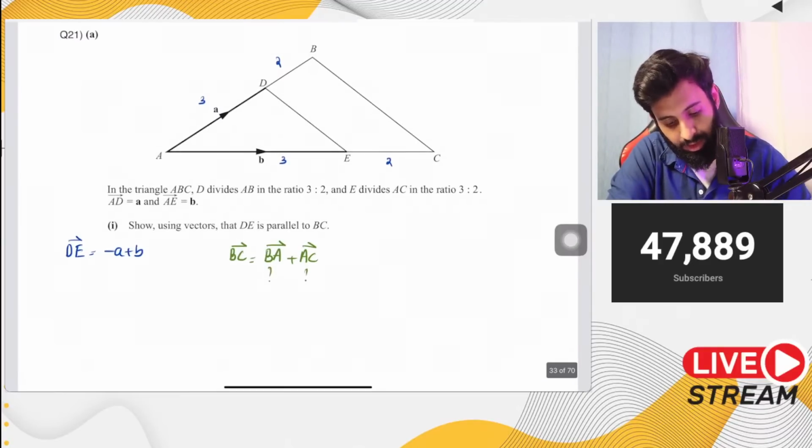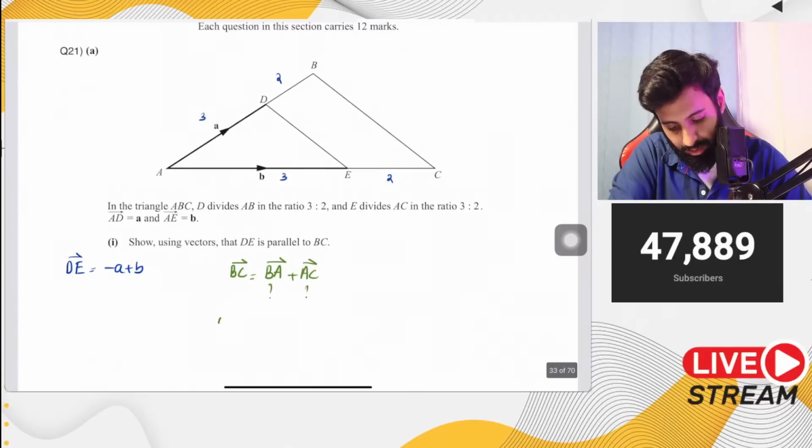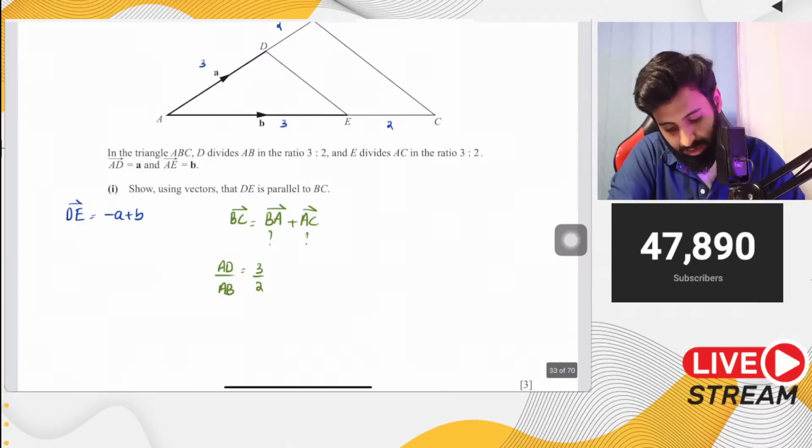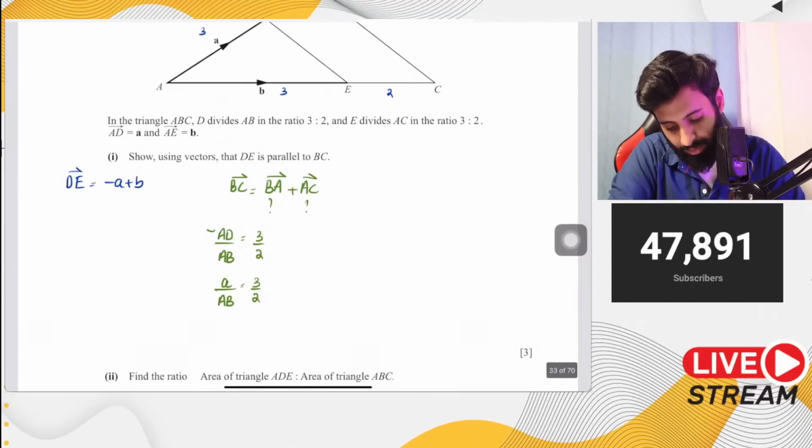But here's what we do know. We do know that AD and AB are in the ratio 3:2. And since we know vector AD is a, AD upon AB is equal to 3/2. Cross multiply, you'll have the value of AB.